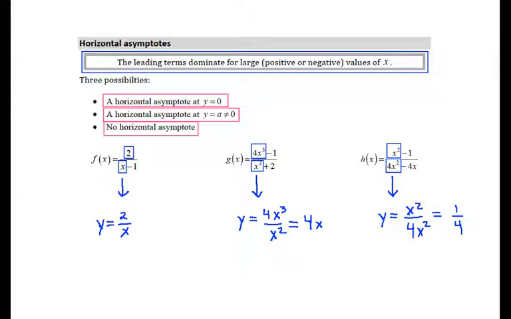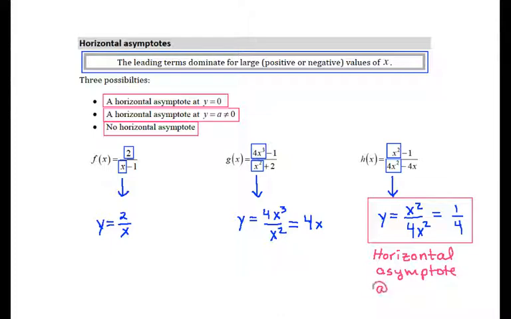The one that we can recognize most easily is the one that happens at a number that's not equal to 0, and that is the third one. If I end up with a number after reducing that expression, that is my horizontal asymptote. So I have a horizontal asymptote at y equals 1/4.